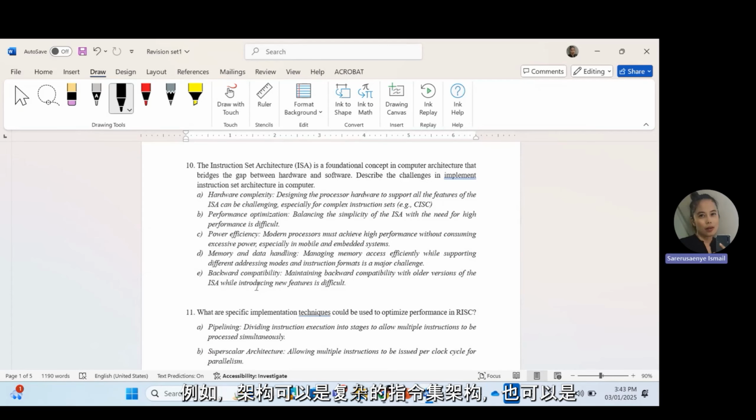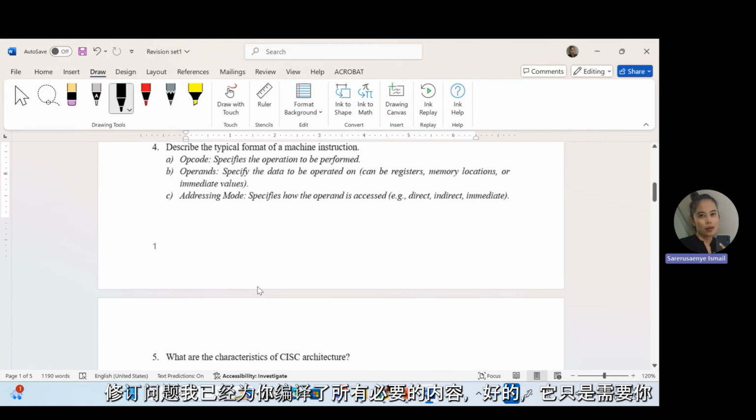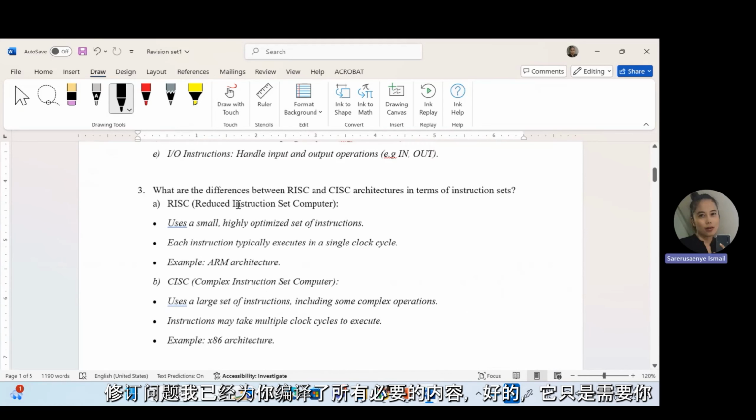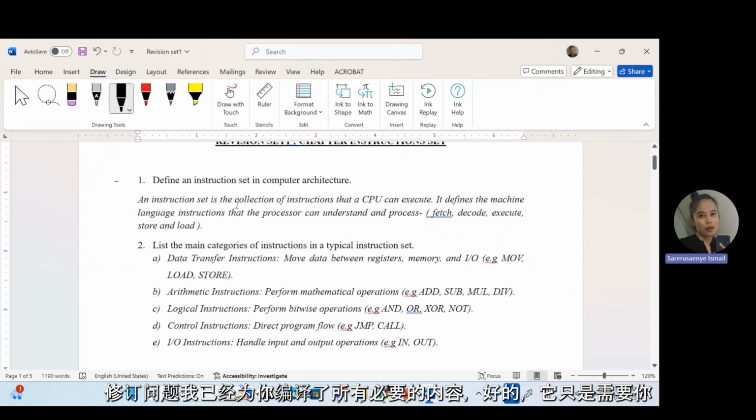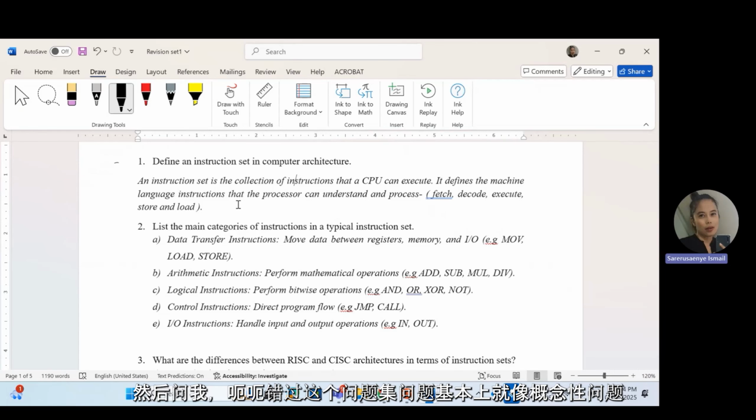Or it might be the reduced instruction set architecture. So if you look at this revision question, I have compiled all the necessary material for you. And you just need to know that we have this kind of question in your case study.